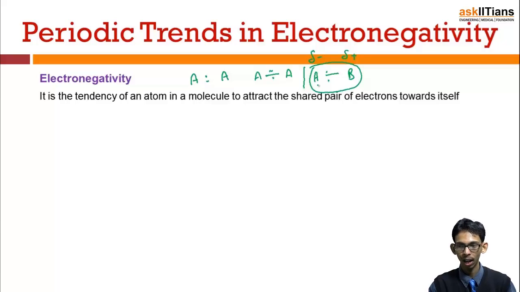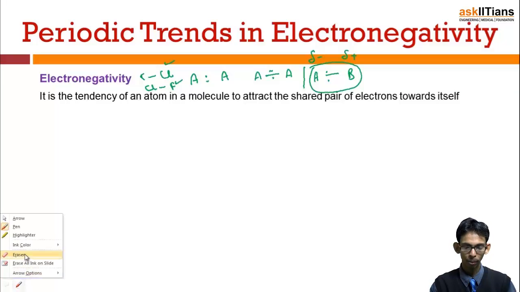An element which is more electronegative in one bond may be less electronegative in another. For example, in a carbon-chlorine bond, chlorine is more electronegative, but when chlorine is present with fluorine, fluorine is more electronegative. So it is a comparative property.